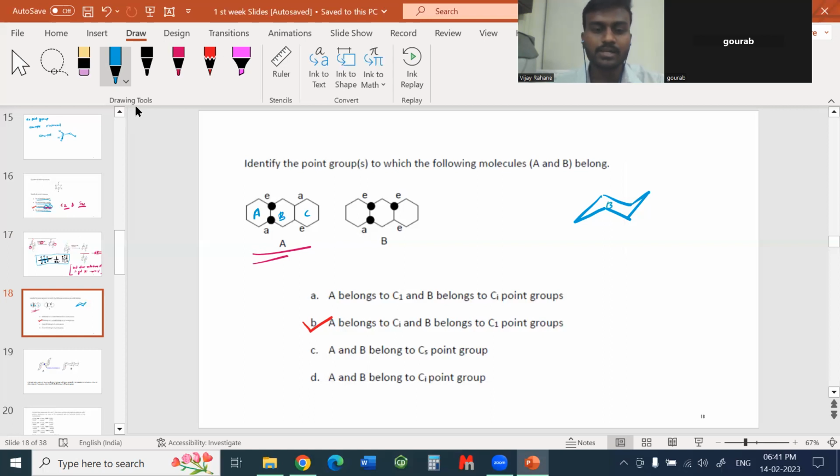Always try to draw the middle ring first and then the lower rings, because we can easily draw the remaining rings if we draw in this way.